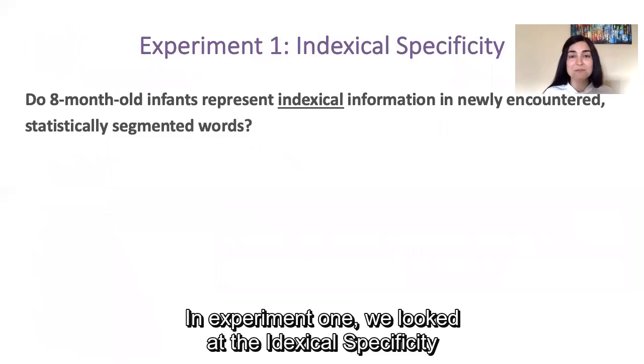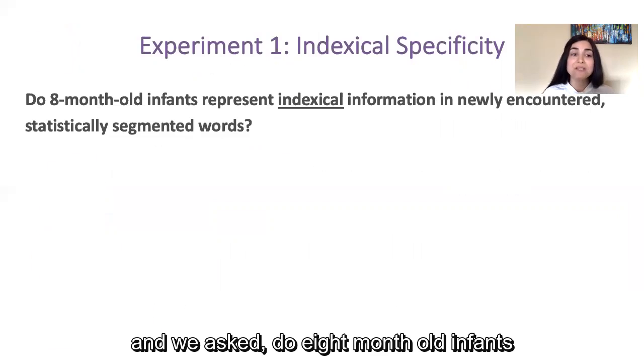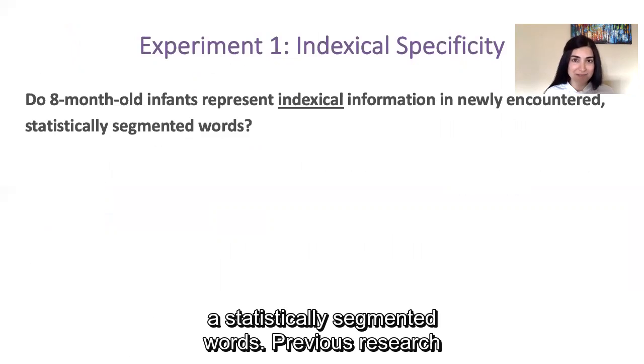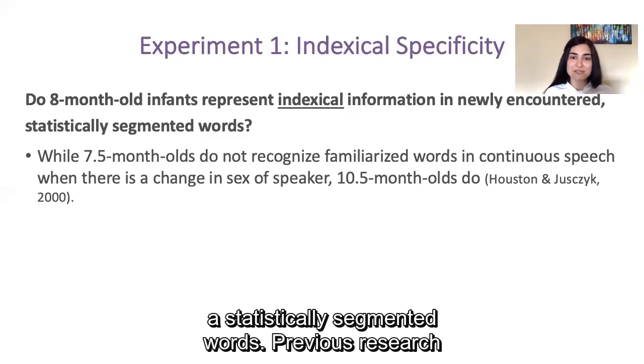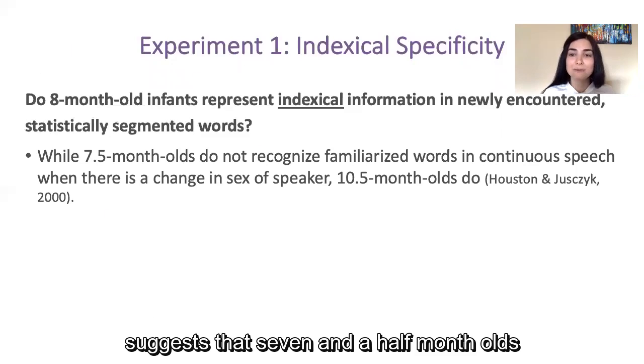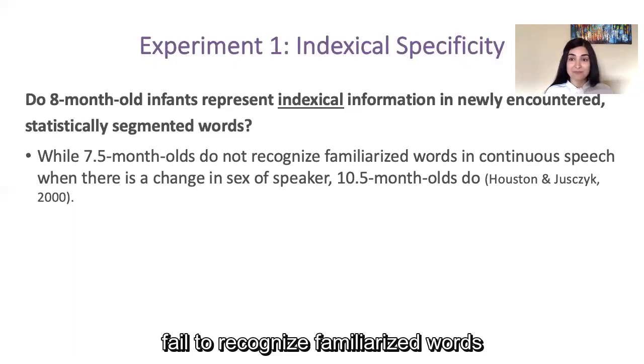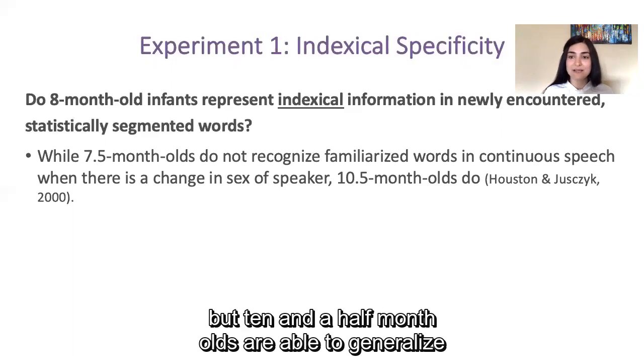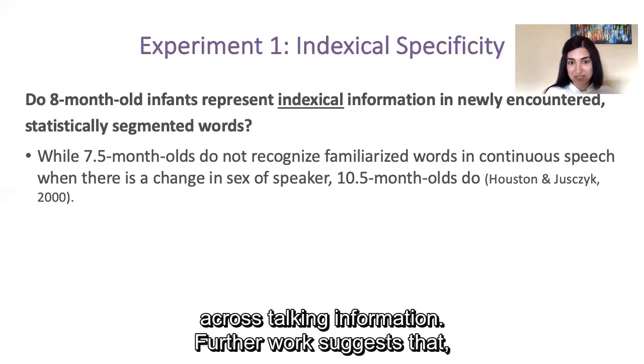In experiment 1, we looked at indexical specificity and asked: do 8-month-old infants represent indexical information in newly encountered statistically segmented words? Previous research suggests that 7.5-month-olds fail to recognize familiarized words in continuous speech when the sex of the speaker changed, but 10.5-month-olds are able to generalize across talker information.